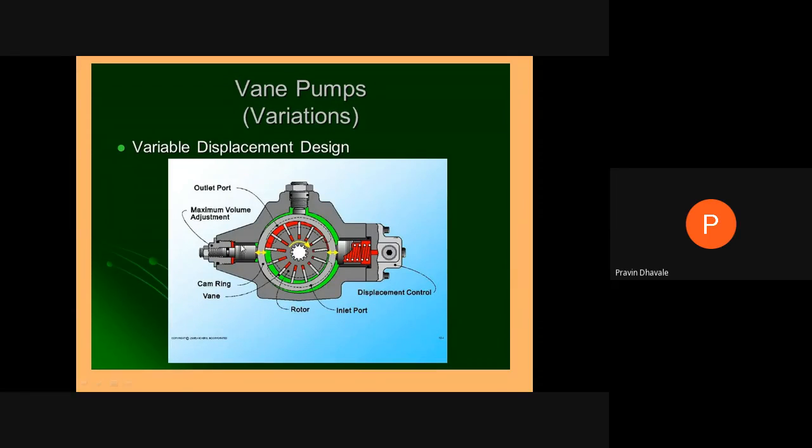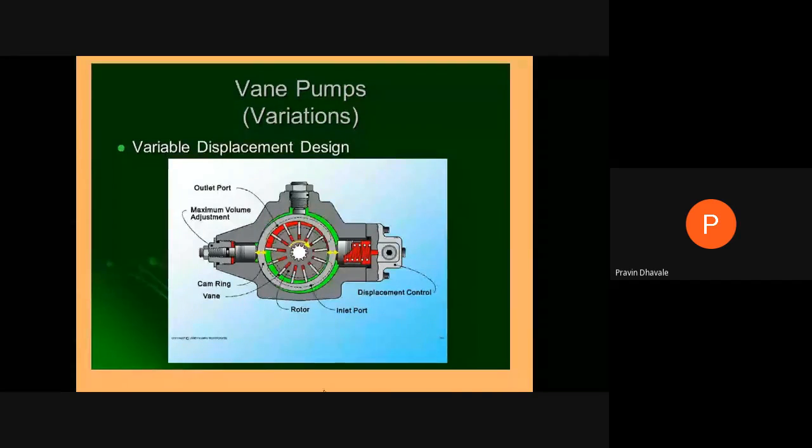This is the variable displacement type pump. Whenever you require variation in flow rate or discharge, at that time we can control the discharge by controlling the eccentricity and the stroke.